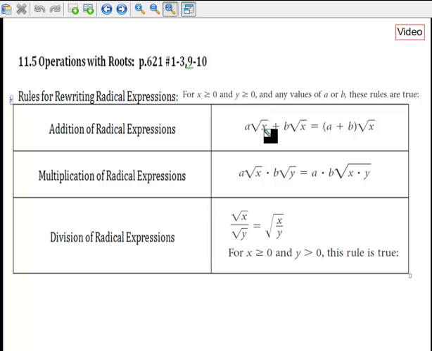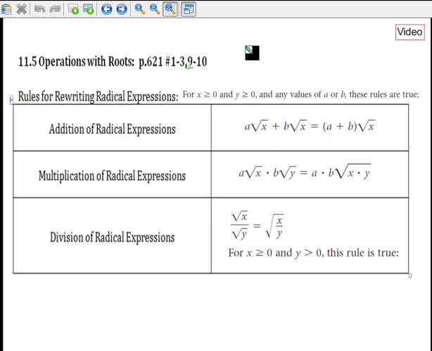If you have the same number under your radical, so x and x being the same, and 2 different coefficients. All right, so if we treat these radicals kind of like a variable, for all x greater than 0, remember, because you cannot square root a negative number, we can add these coefficients.